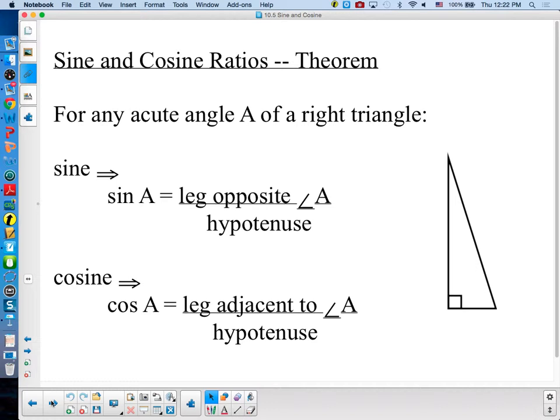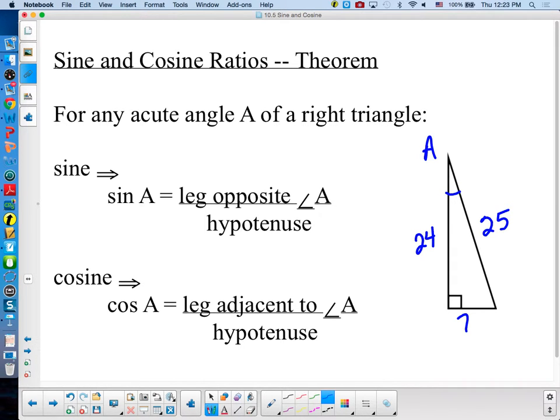So let's first pull a triangle. We've got a tall, skinny one on my screen here. So let's put some numbers on here. And I think something like 7, 24, and 25 makes the right triangle. Let's call this top angle, angle A for right now.